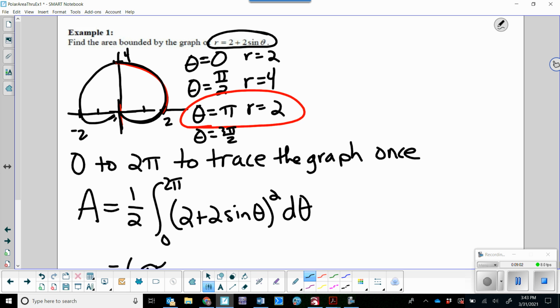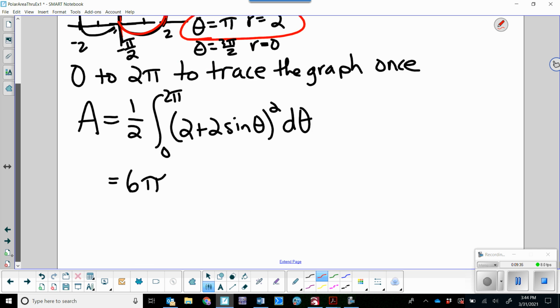If I do 3 pi over 2 for sine, I would get -1 times 2 is -2 plus 2, I would get r is 0. So that is in fact that point. However, I can't integrate from 3 pi over 2 to pi over 2. That wouldn't make sense. So I'm going to need to call this negative pi over 2. If I go from negative pi over 2 to pi over 2, I'm going to get half of this region.